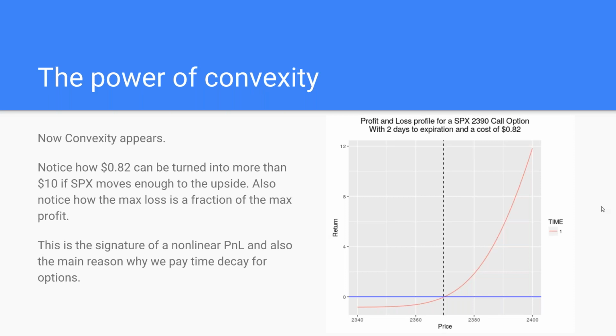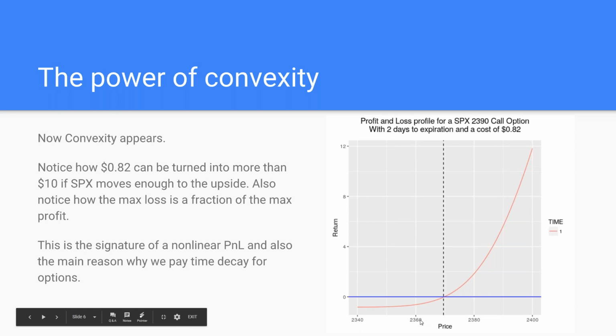So here finally we get a diagram that will give you an idea of what convexity is. And of course, this slide was done, I don't even know how many years ago, when SPX was trading around 2,370. That seems like a few decades ago, but this is valid. This was a real option, and this is a real profit and loss diagram.